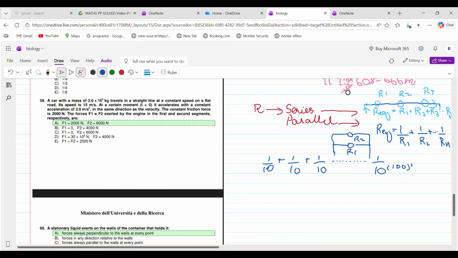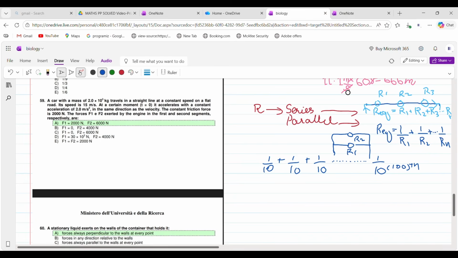Every effect will be combined in parallel, because they have mentioned 100 branches in parallel. So 100 branches means 100 resistors, each with the value of 10. So we had the formula 1 upon R1 plus 1 upon R2, each with the value of 10, continuing until the 100th.